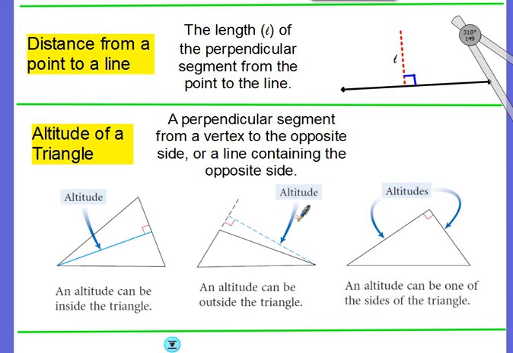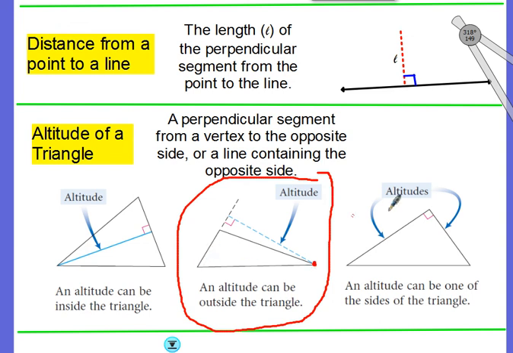Now it's important to add that second part, and you can see from this middle picture why. If we're drawing the altitude from this red little point to this baseline, a perpendicular segment doesn't exist inside of the triangle. So you have to draw this dotted line to extend the triangle out to draw your altitude.